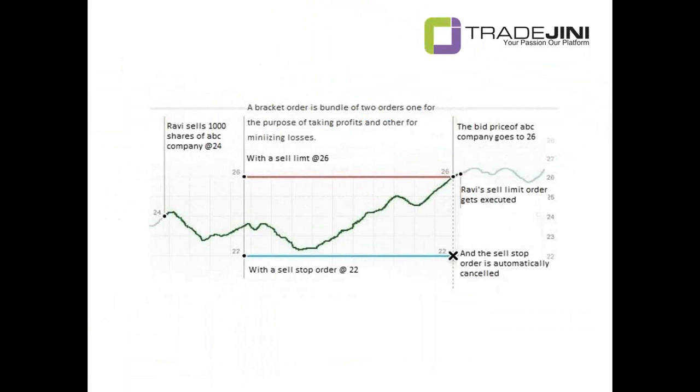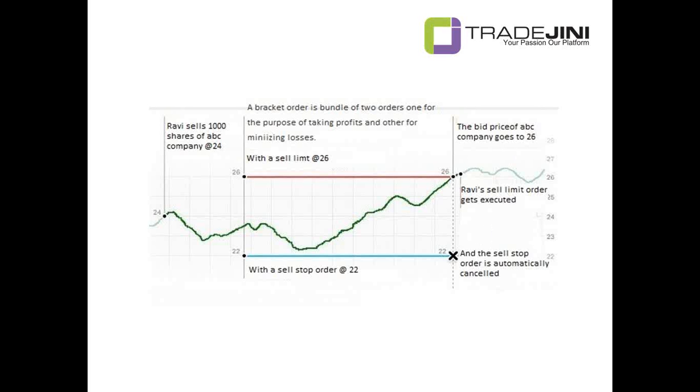So it will have a sell limit at 26 with a sell stop at 22. As the bid price of ABC company goes up to 26, Ravi's sell limit order will be executed. And once either of the two is executed, the other will get automatically cancelled.